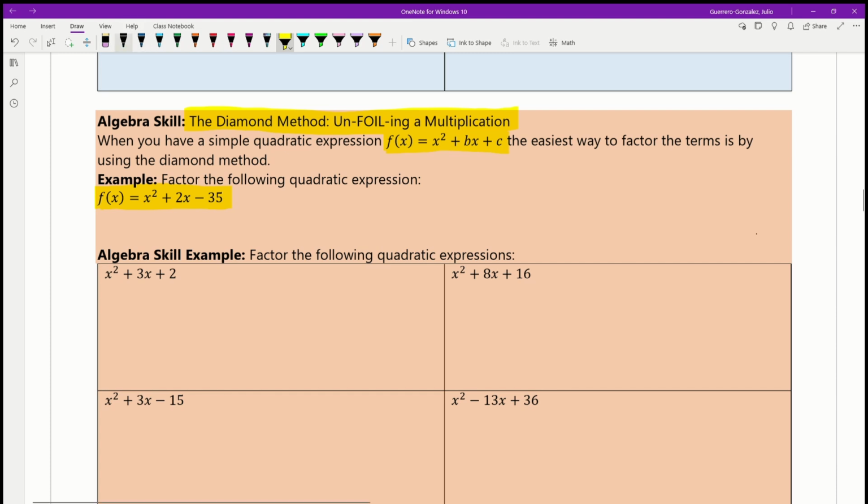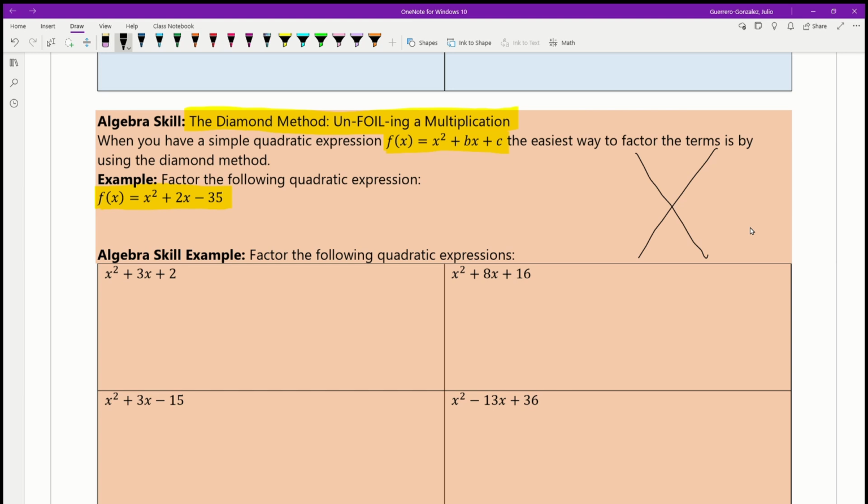This is where this diamond thing came from. Hopefully you guys remember this, or the X method, or I can't remember what else it's called. I remember it as the diamond method. Actually, let me move this over here to make it nice and big. There we go.